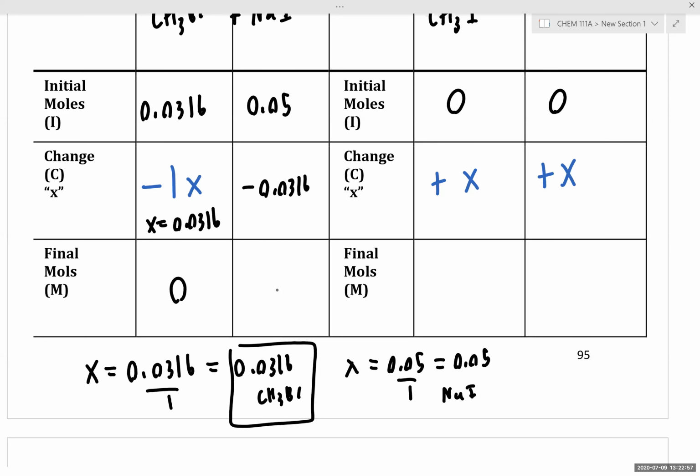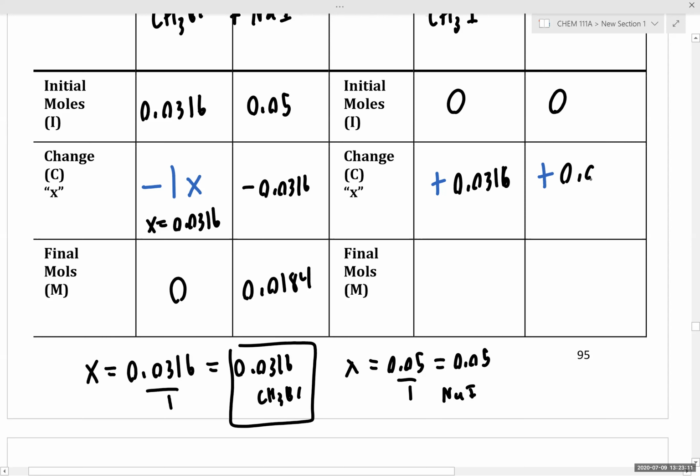And that in turn gives us 0.0184. Okay, perfect. For our moles of product, we have 0.0316 plus 0.0316.